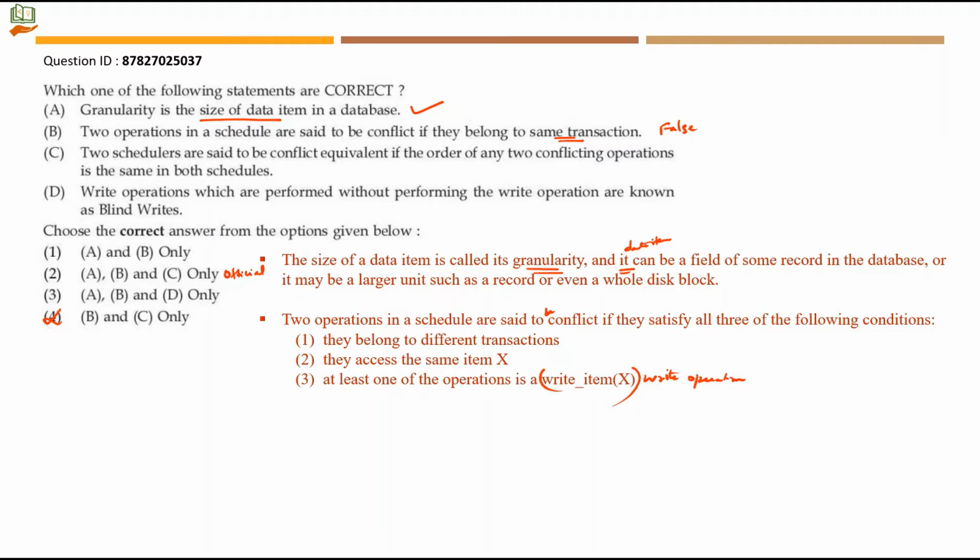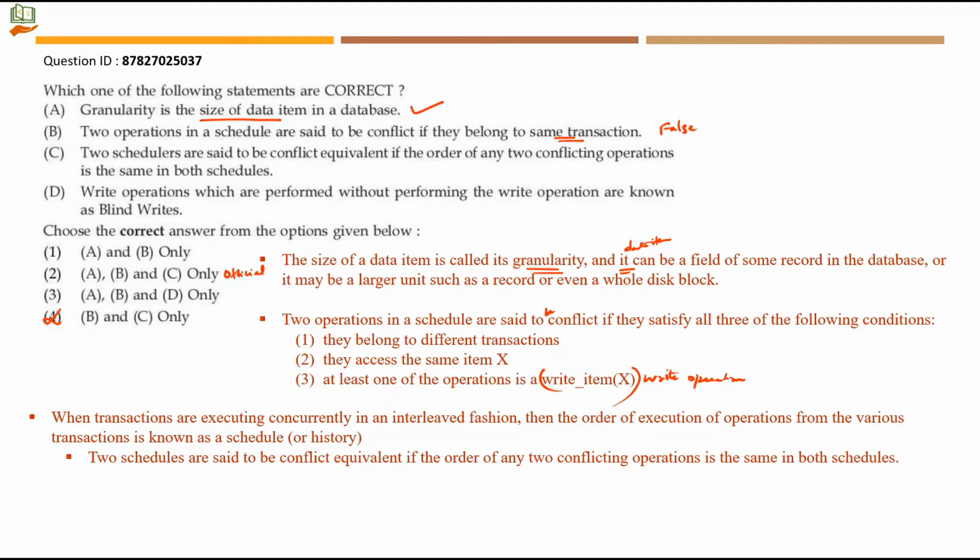The next statement, 2 schedules are said to be conflict equivalent if the order of any 2 conflicting operations is the same in both schedules. When transactions are executing concurrently in an interleaved fashion, then the order of execution of operations from the various transactions is known as a schedule or history.